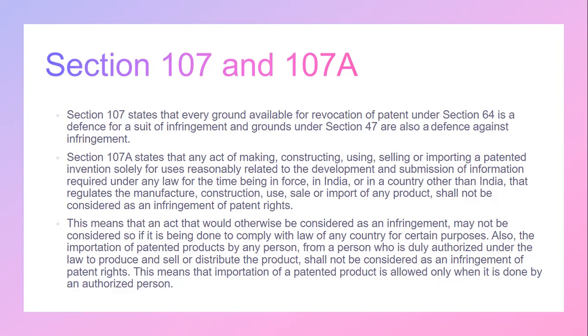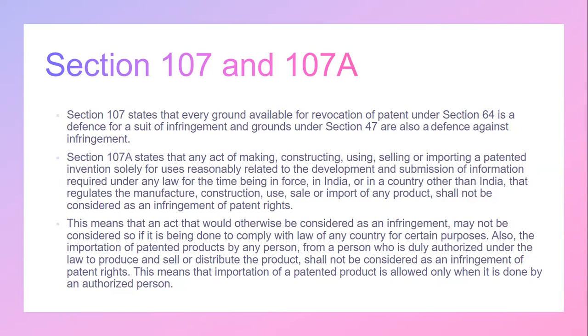Okay, so quickly going to section 107 and 107A. I will not be covering these two sections in detail because they will probably come up more when we're talking about infringement and infringement proceedings. But I just want to cover a little bit of this section. Section 107 states that every ground available for revocation of a patent under section 64 is a defense for a suit of infringement, and the grounds under section 47 are also a defense against infringement.